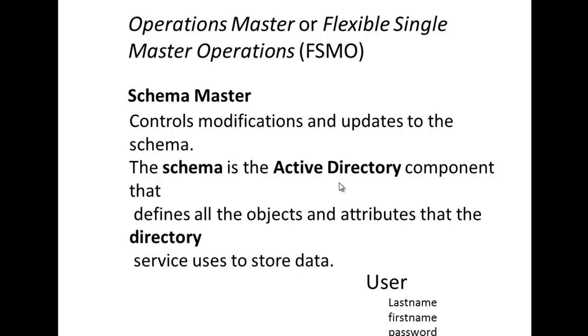For the user, you have fields: the last name field, the password field, the first name field, the initial field. When you create the user and you are adding information to the user object, you are actually filling in the fields that exist. The fields, along with the objects, make up the structure of the database.